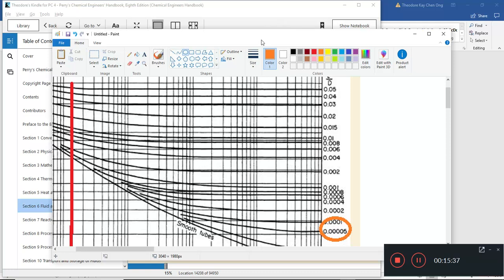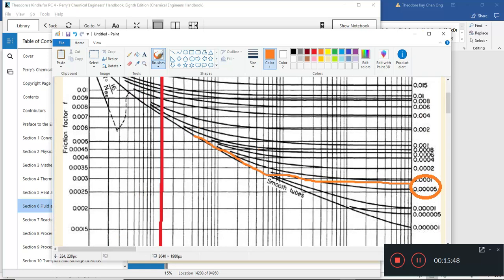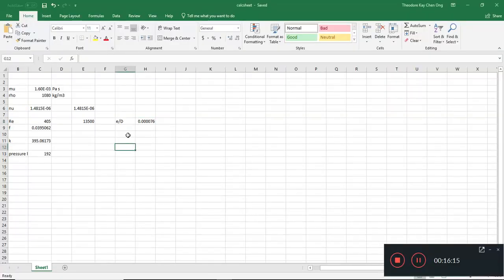We follow where this line is going, and the line actually kind of disappears over here, but it means we can consider it as a smooth tube eventually. So this is our friction factor, thereabouts, give or take 0.0072 or 73. I didn't draw my lines very straight, but that's how we find our friction factor.